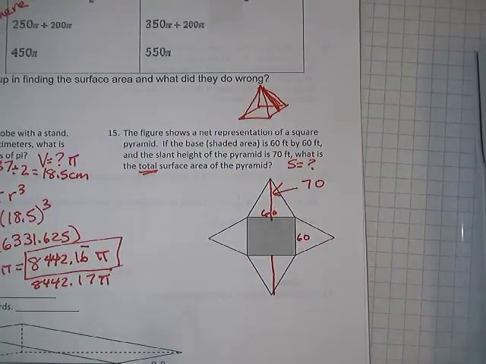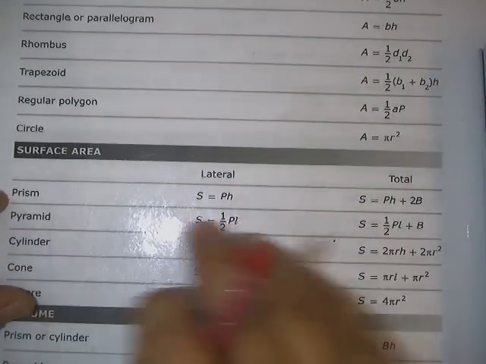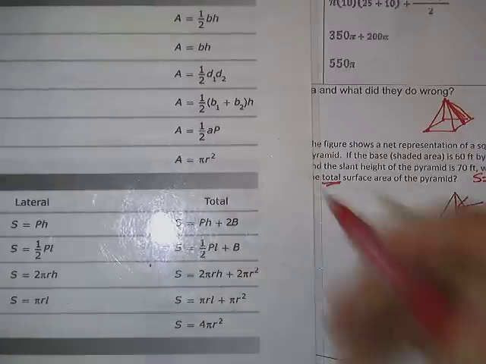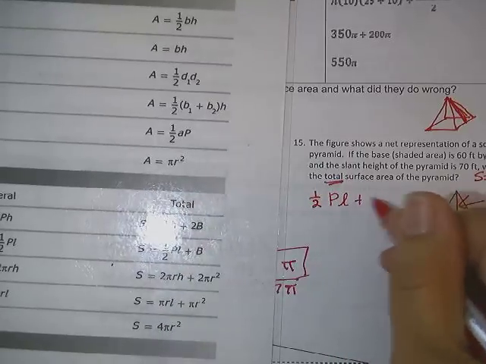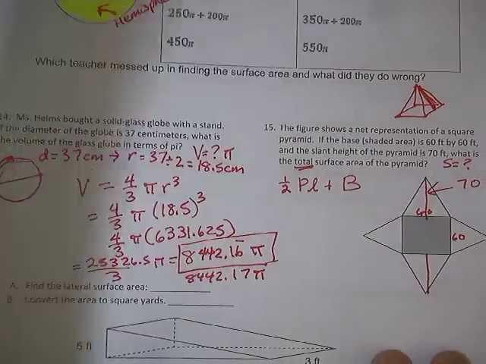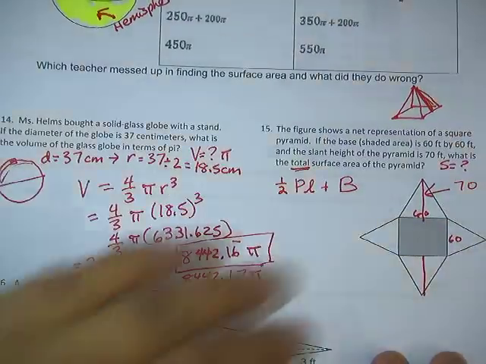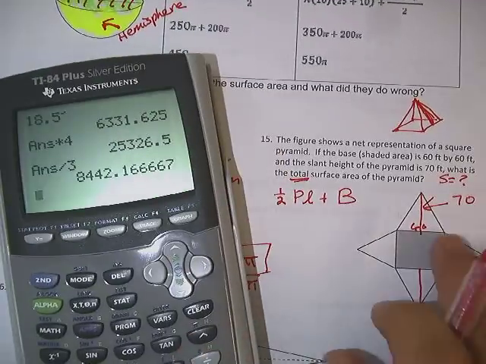So they want to find total surface area for a pyramid. Pull out your handy math chart. Pyramid. Total surface area is right here. It is 1/2 perimeter times slant height plus the base. See, because there's only one base in the pyramid. Now, the base of the pyramid should be pretty simple. 60 times 60, you learn how to do that in elementary school.